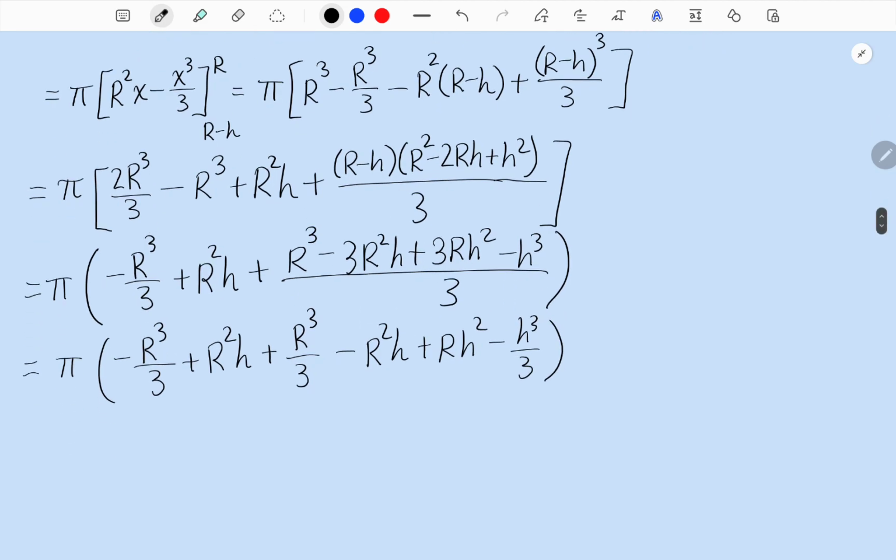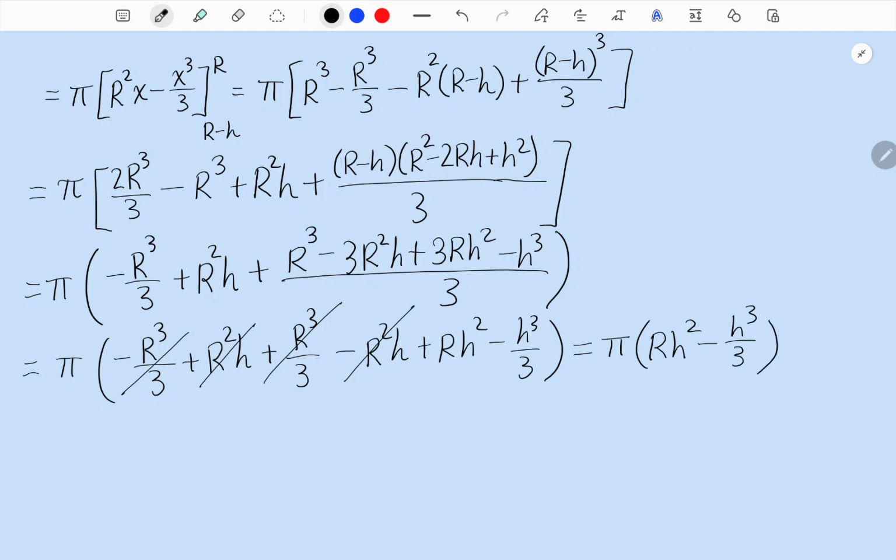We see here that the negative r cubed over 3 and the positive r cubed over 3 cancel out. R squared h and the negative r squared h cancel out. So I am just left with pi times rh squared minus h cubed divided by 3.